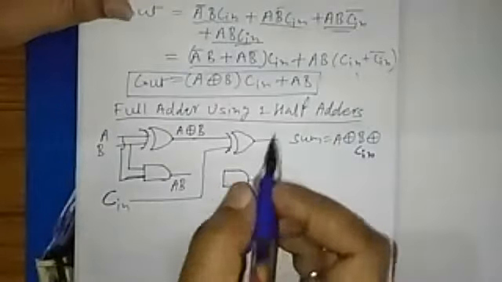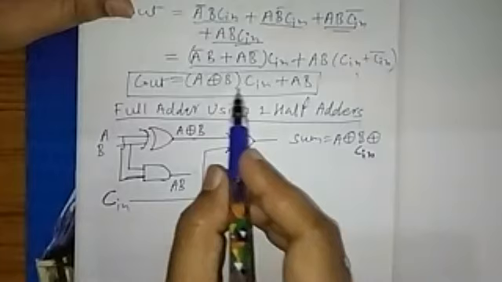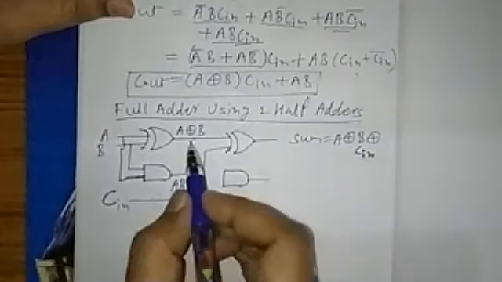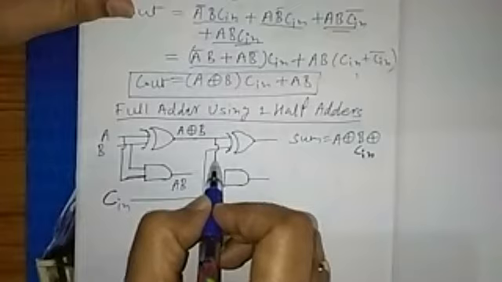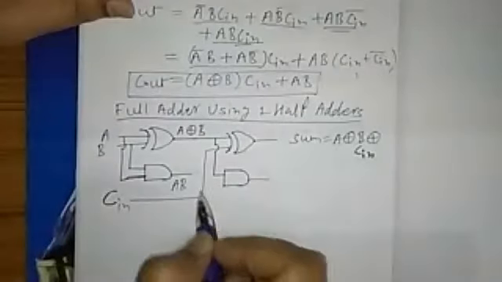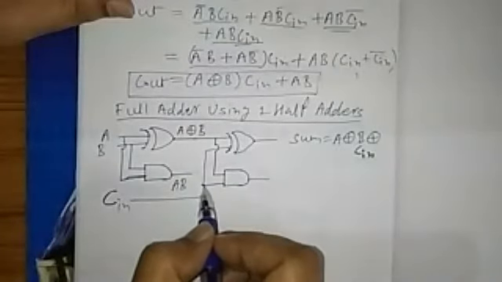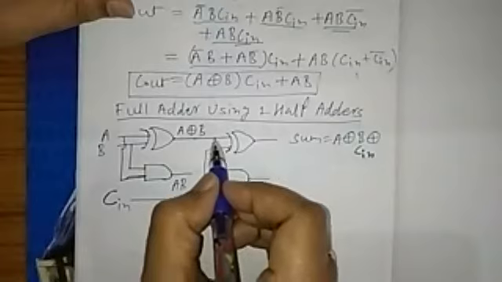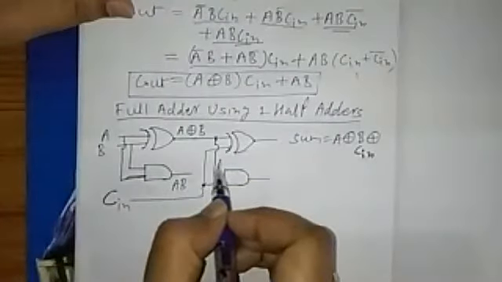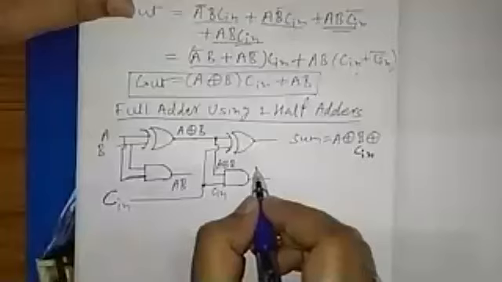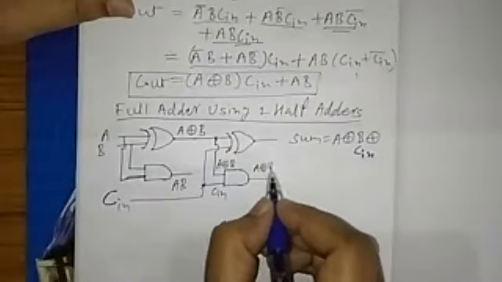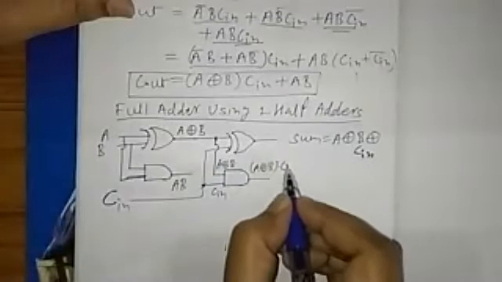Now before that, A XOR B and Cin. For A XOR B and Cin I can use this AND gate. A XOR B I will take from here and put it here, and this is Cin, this one. Can you understand this? A XOR B here, and then this is Cin. Out of this I'll get A XOR B and Cin.